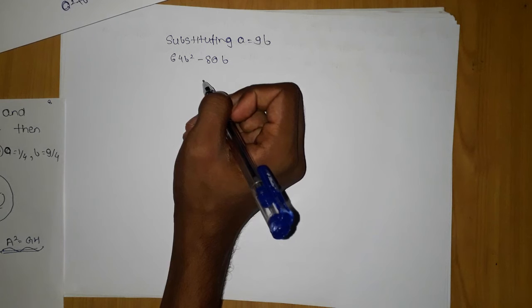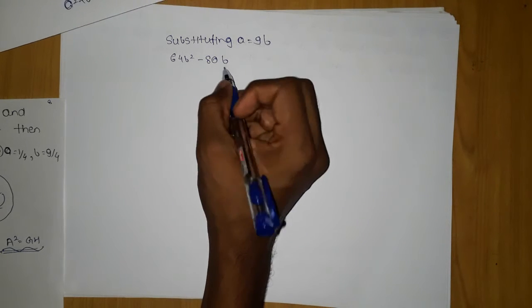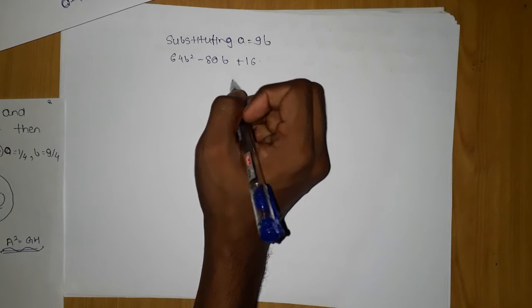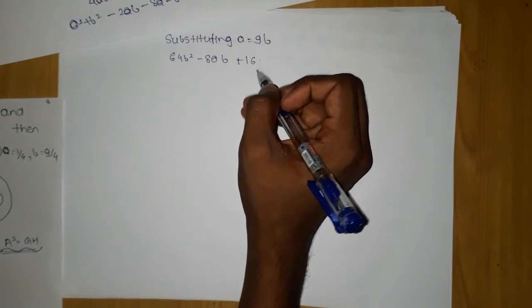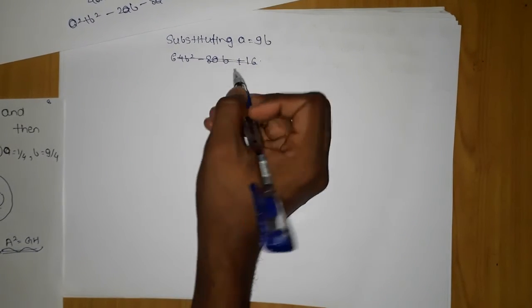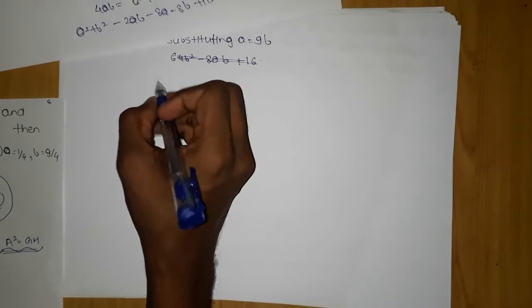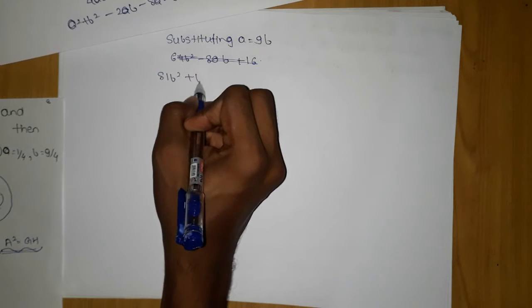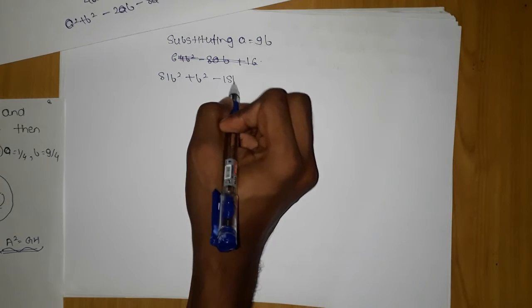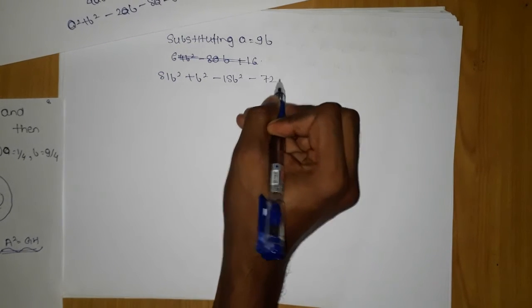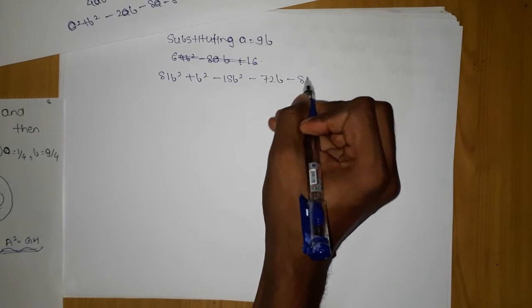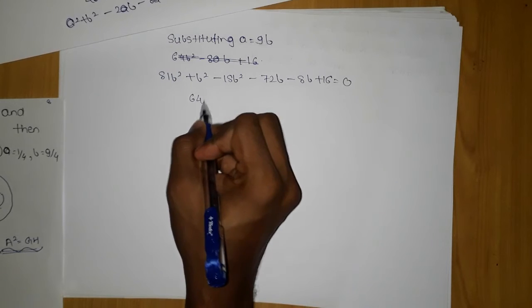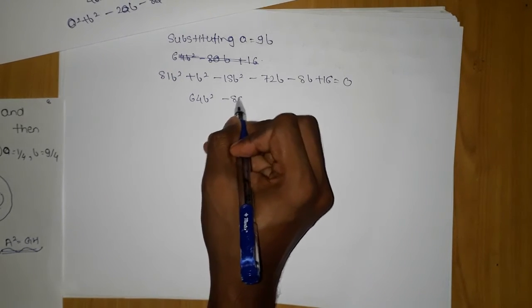Further on, 81b square, 18b square, 72b, 8b plus 16 should be equal to 0, giving me finally 64b square minus 80b.